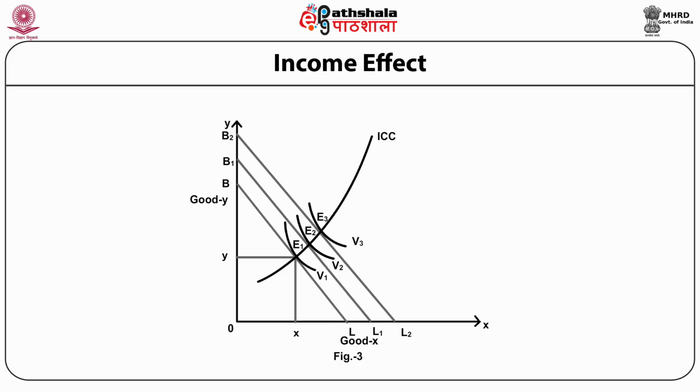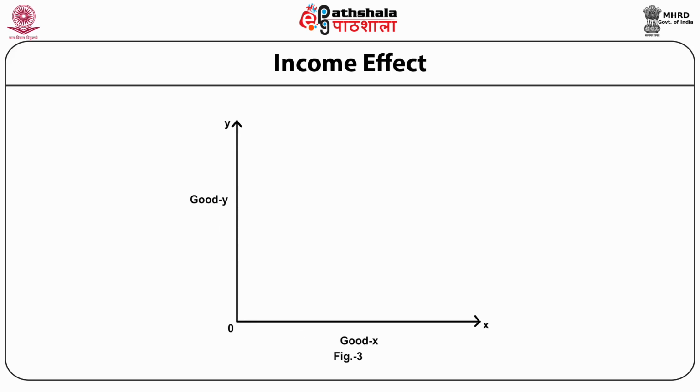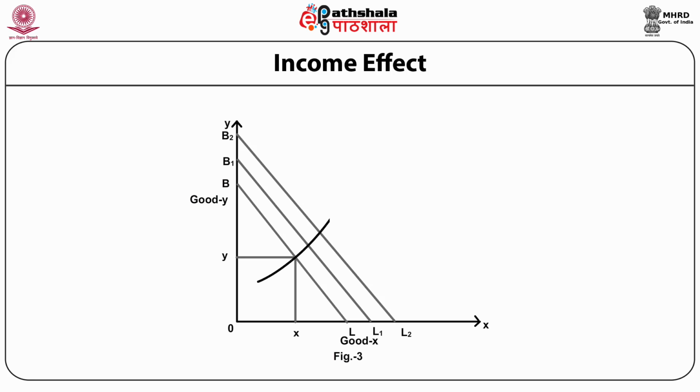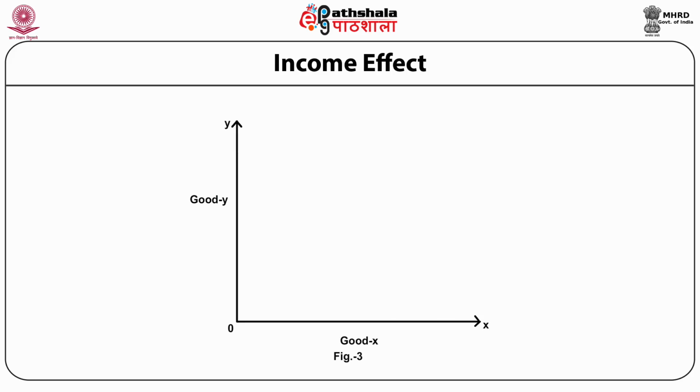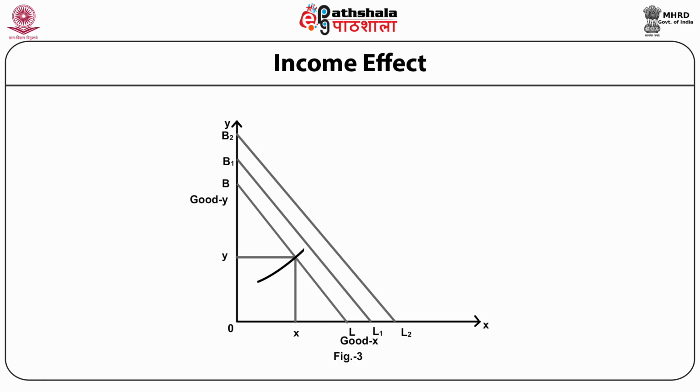Income effect for a good is called positive if, with an increase in the income of the consumer, he consumes more of that good. The good which exhibits a positive income effect is called a normal good or superior good. It means their demand increases as the income of the consumer increases.